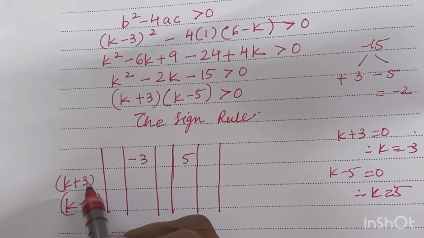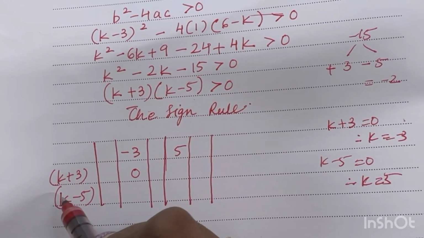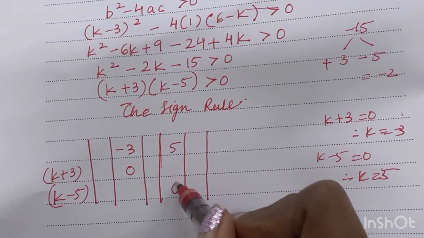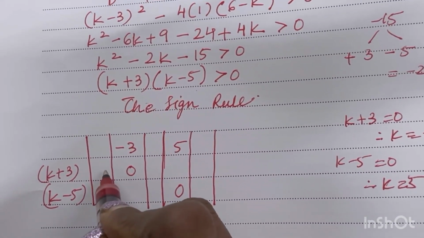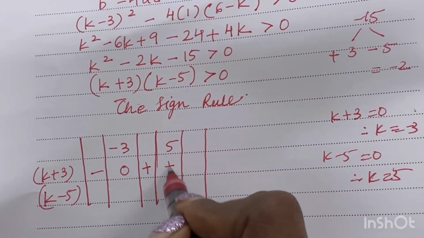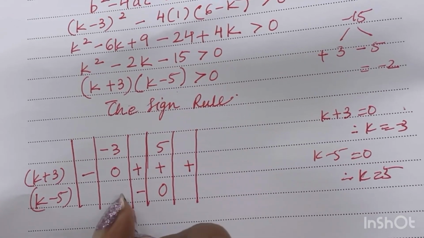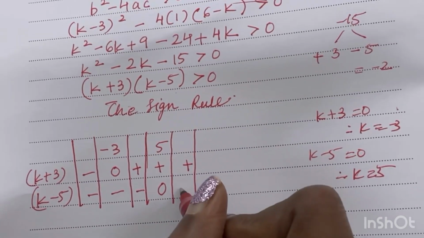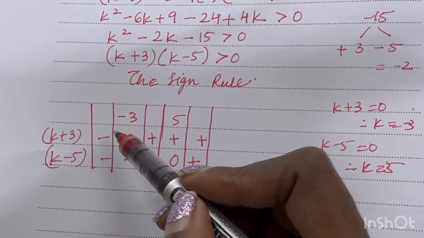Now k plus 3, when it is 0, the answer is negative 3, and k minus 5, when it is 0, the answer is 5. So on a number line, all the numbers before 0 are negative, and all the numbers after 0 are positive. Similarly in this row, all the numbers before 0 will be negative, and all the numbers after 0 will be positive. Now all we have to do is simplify this further.